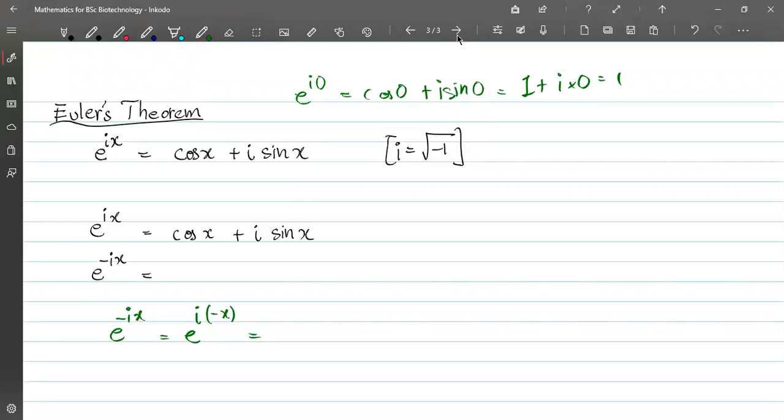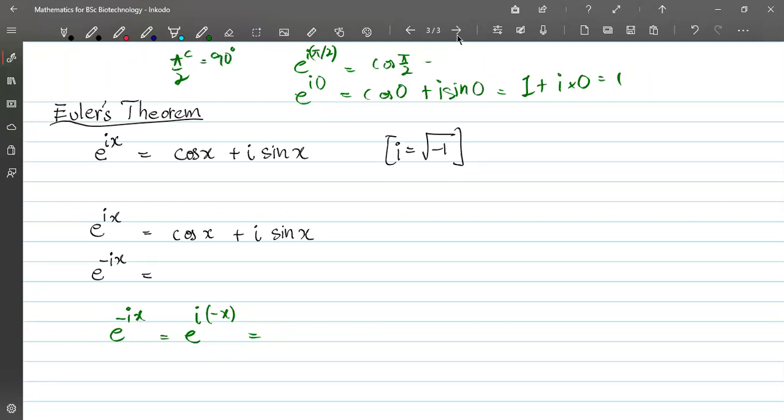Similarly, if you put x equal to, let's say, pi by 2, as another example, e to the power of i times pi by 2 is equal to cos of pi by 2 plus i sin pi by 2. Remember, pi by 2 radians is 90 degrees.